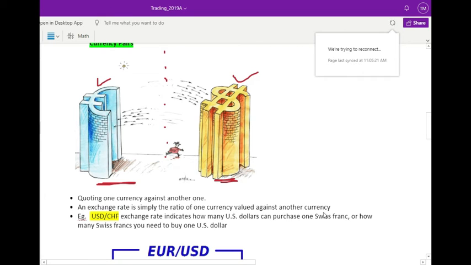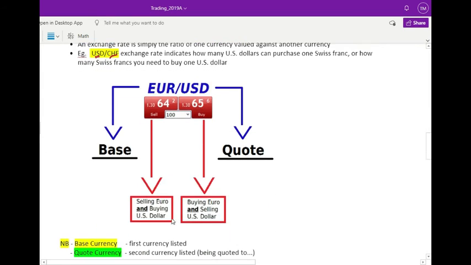I think I've explained. The USD Swiss franc exchange rate indicates how many Swiss francs this USD can purchase, or how many Swiss francs you need to buy one USD. You can use Swiss francs to buy this, or you can use USD to buy Swiss francs.